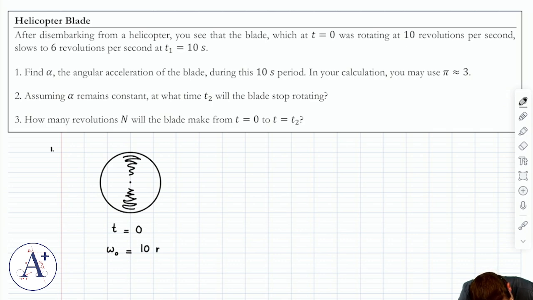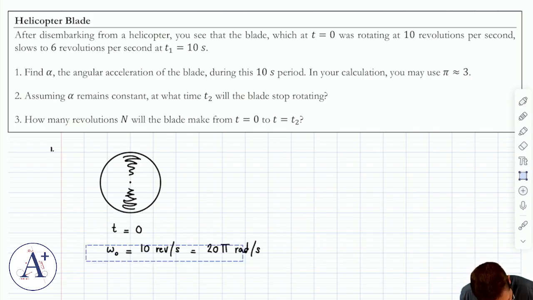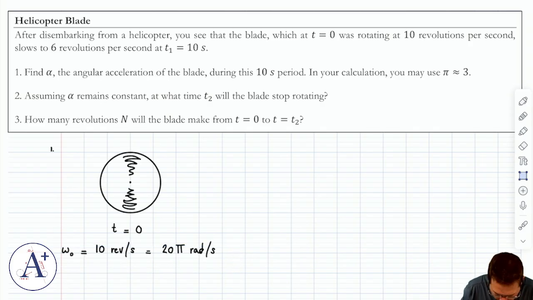It's 10 revolutions per second. Careful, that's not the right unit. I need radians per second. 1 revolution is 2 pi radians, so this is 20 pi radians per second. So that's omega 0.